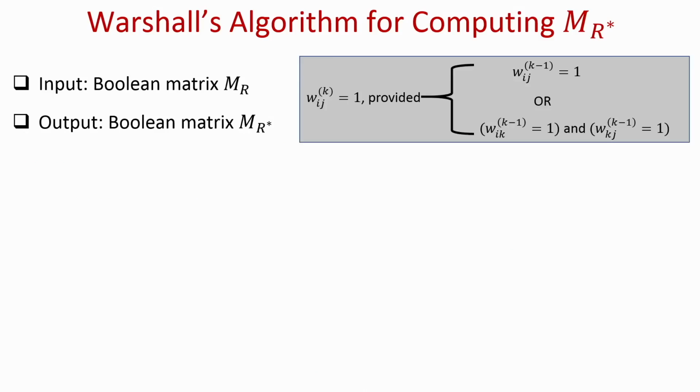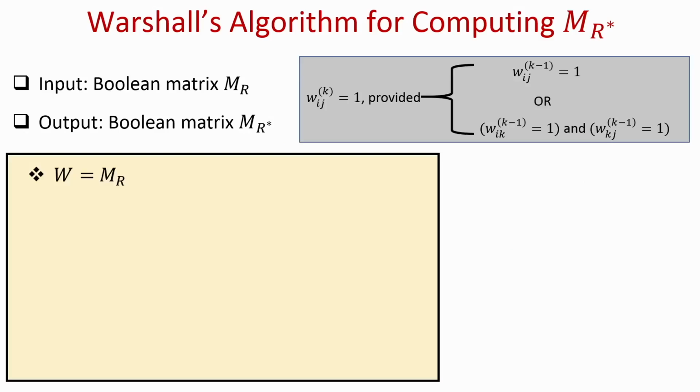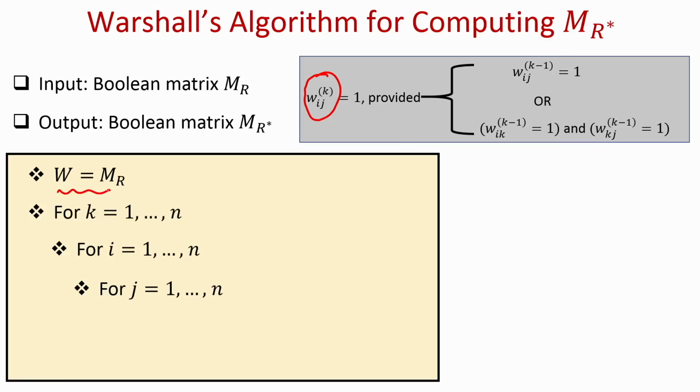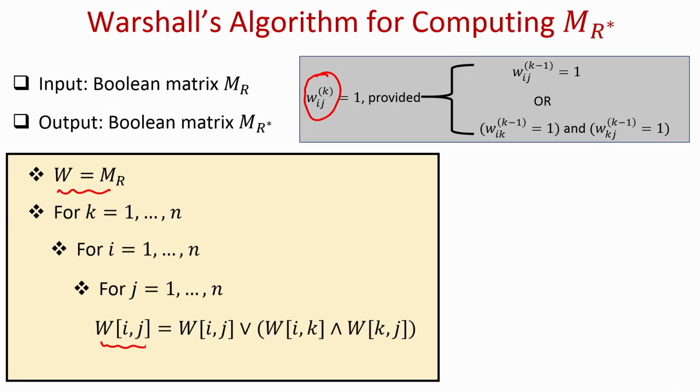So, now let us put together everything and get the pseudo code for Warshall's algorithm. I am retaining the update operation of the Warshall's algorithm: how do you update the k minus 1th matrix to get the kth matrix? So, the input here will be the matrix for your original relation R, and now what I will do is I will run 3 loops, each ranging from 1 to n, and the update operation that I am going to perform is as follows.